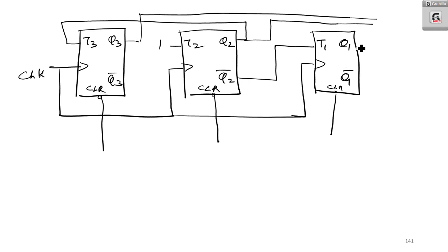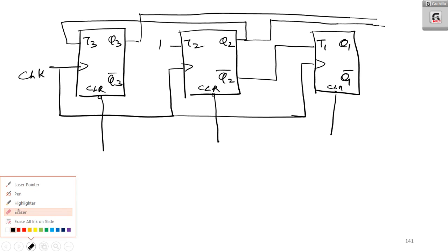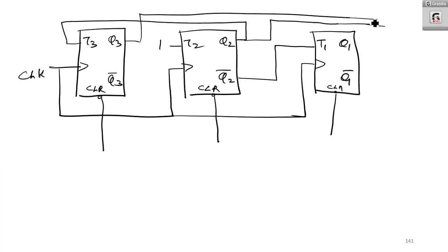So you can have it like this: these two are XORed, and that result is XORed with Q1.